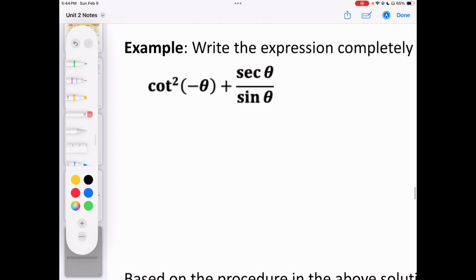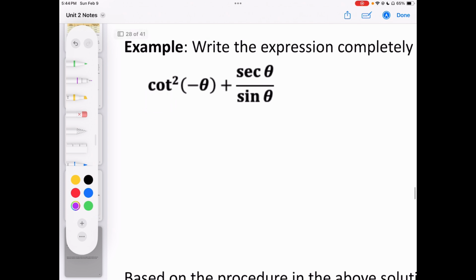Now, if we want to write this completely in terms of sine and cosine, I'll go ahead and start by writing cotangent and secant in terms of sine and cosine. So I have cosine squared of negative theta over sine squared of negative theta plus 1 over cosine theta over sine theta.